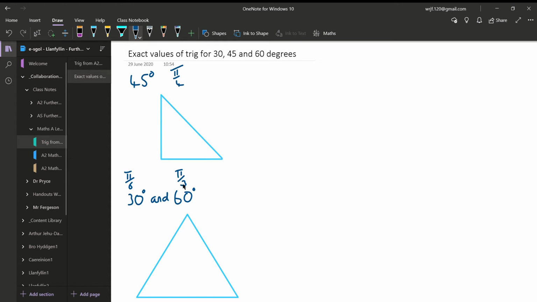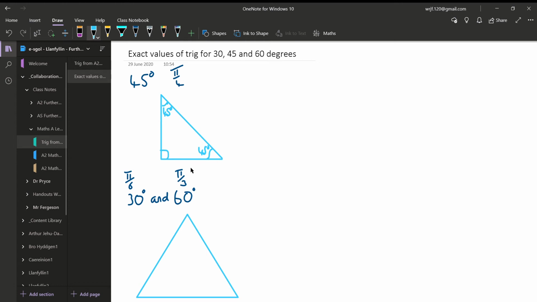So having a look at these two triangles, the top one first, the 45 degrees or pi over 4 radians. We're looking at a right angled triangle here, with the right angle on my diagram down in the bottom left hand corner. And of course to get a 45 degree angle there, that leaves us with 45 degrees for the other one as well, and that means that this must therefore be an isosceles right angled triangle with the two sides on either side of the right angle being the same length as each other.